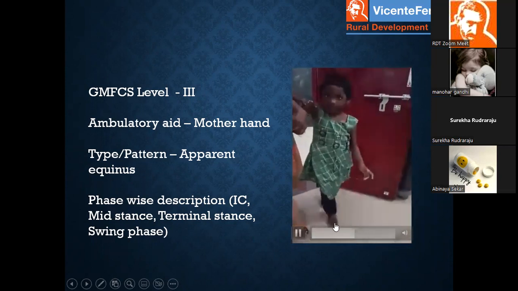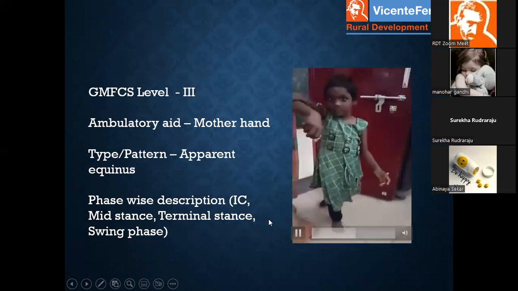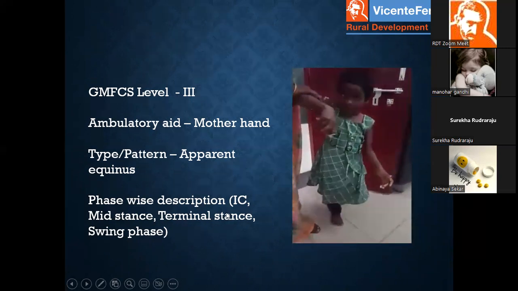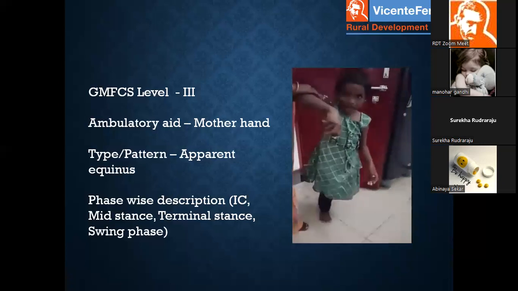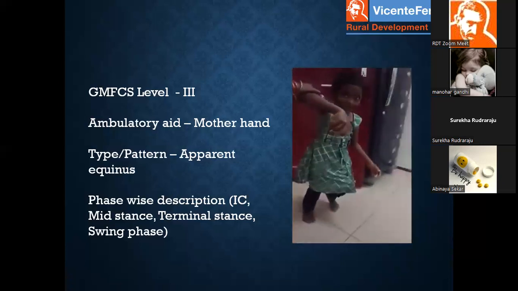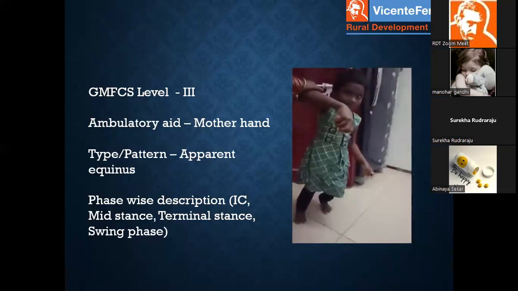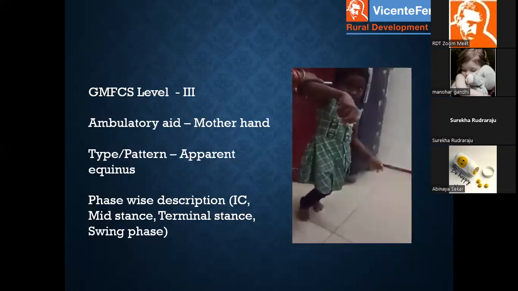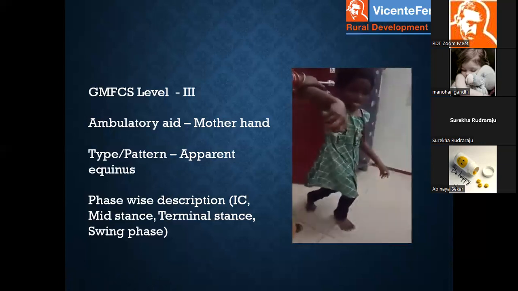And what's happening to the foot, whether it is completely flat during the stance phase or it is still in the equinus position. So that will be very clear in the side view.